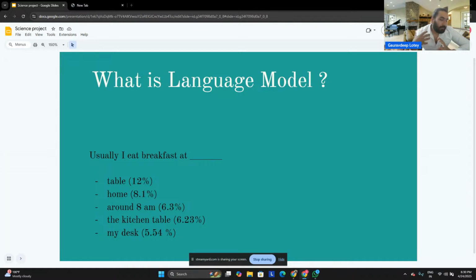There might be multiple words which can fill in here, and they all might have different levels of importance and prediction. Like "usually, I eat breakfast at the table" is the most common prediction, hence the machine will try to predict this. So at the end, a language model is something that does this task. A language model is responsible for predicting what comes next.